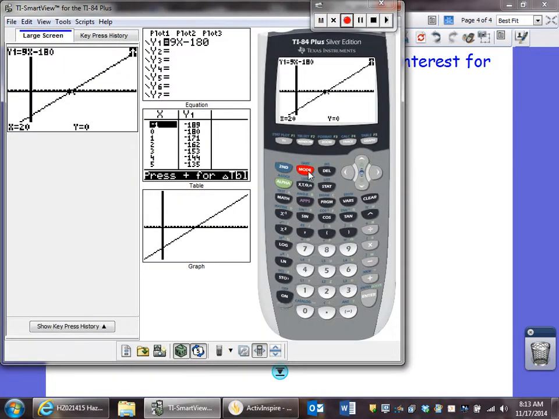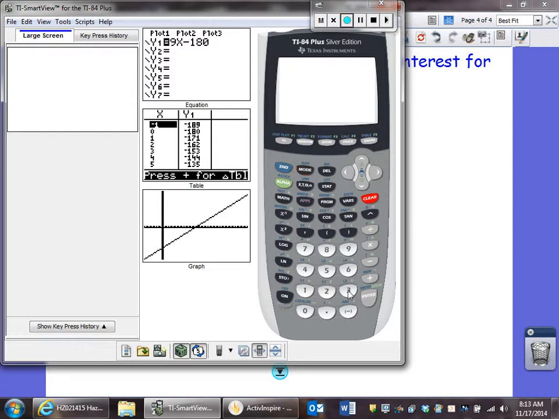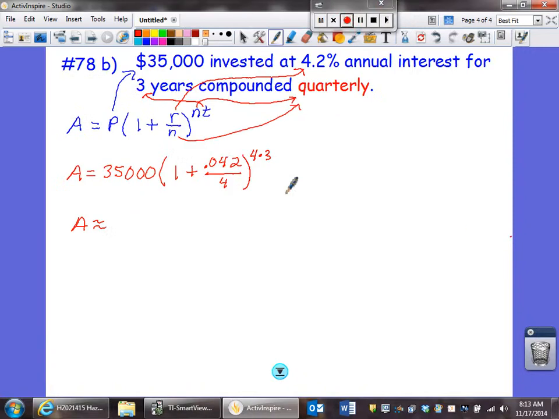I'm going to go back to the main screen, clear out whatever's in there, and we're going to have 35,000 times 1 plus 0.042 divided by 4, close the parenthesis, raised to the N, which is 4, times T, which is 3, and that leaves us with a total amount, A, of $39,673.89.